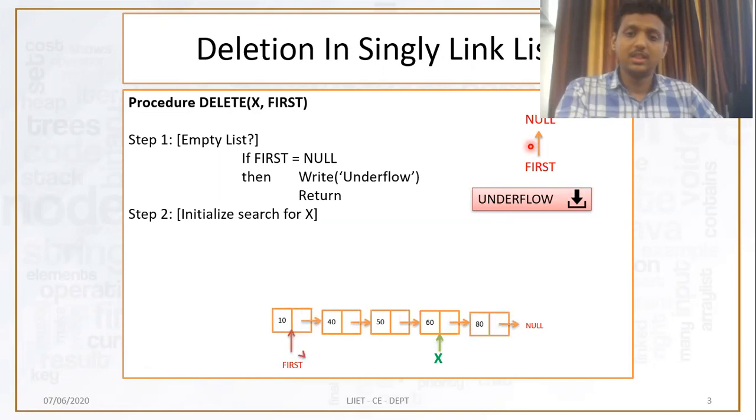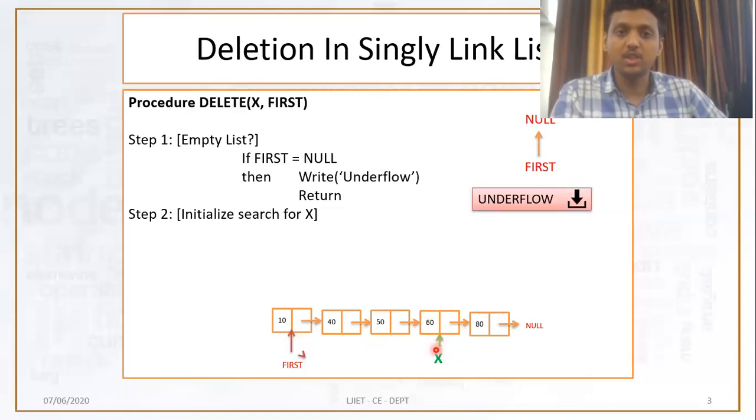Suppose students the linked list exists like this. Here are 10, 40, 50, 60 and 80. This is a singly linked list. Make sure this is a singly linked list, that means the pointer of the last node points to null. So here this is first and this is x. See, x is a pointer which stores the address of the element which we want to delete.